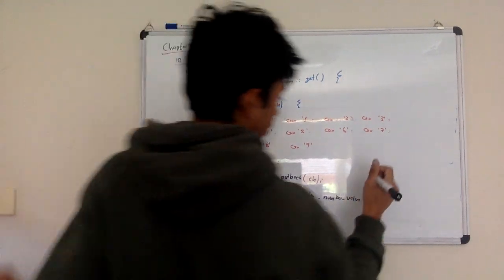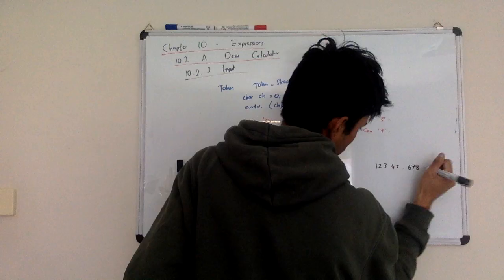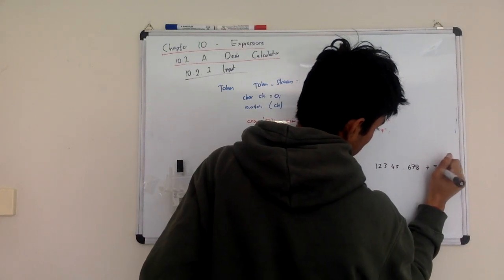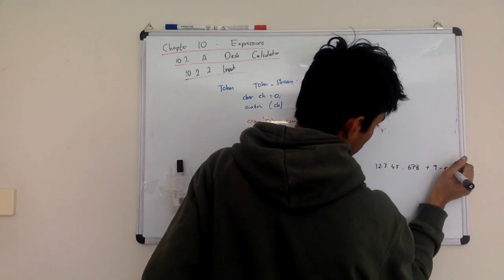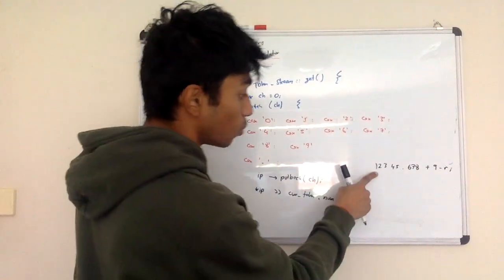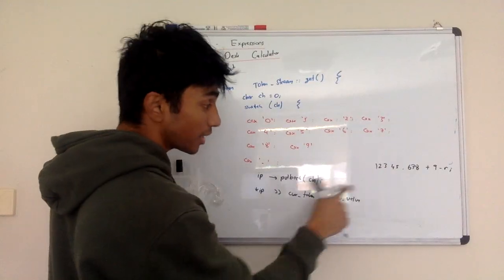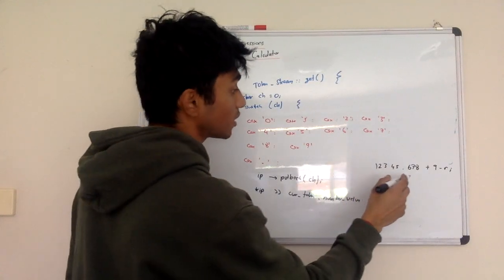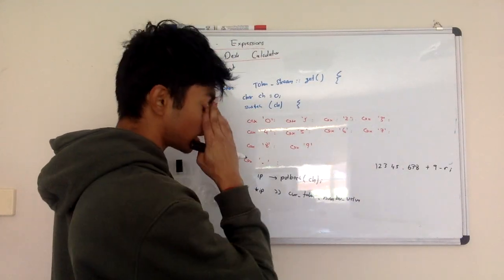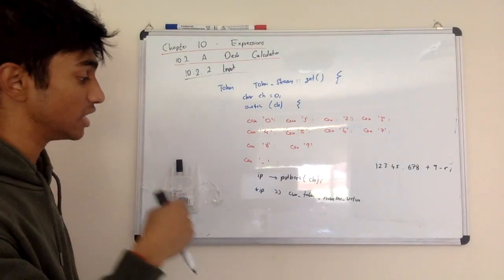So let's say the input stream looks like this, 1, and then plus 9 minus r or whatever. Let's say that's my input stream. It will see the 1, hit this case, cascade down to here, put the 1 back, and then redirect as much of the input stream as it can into number value, right?